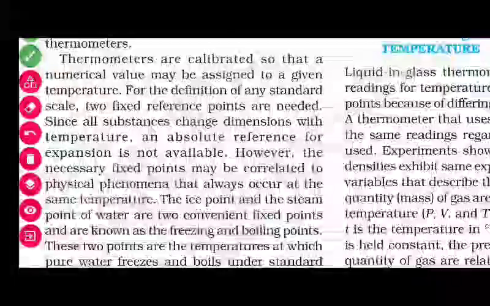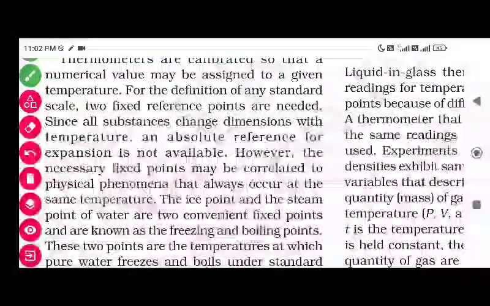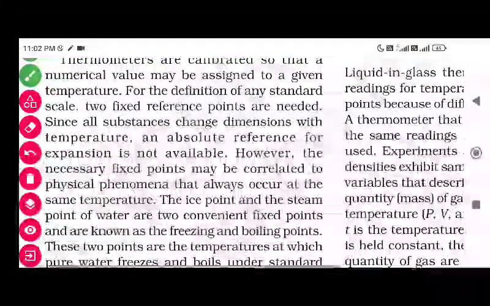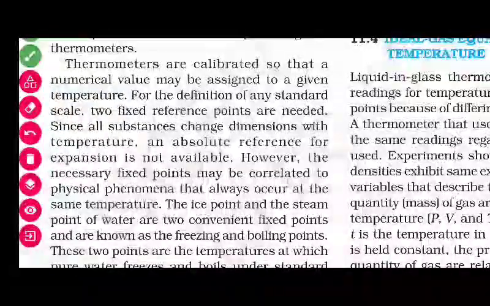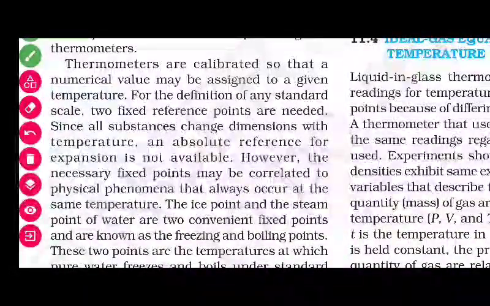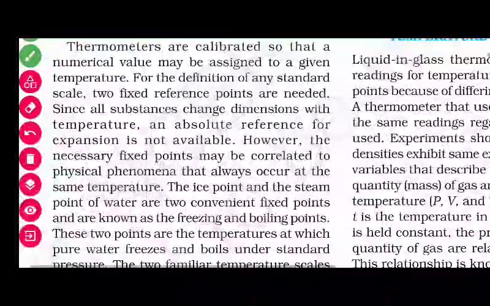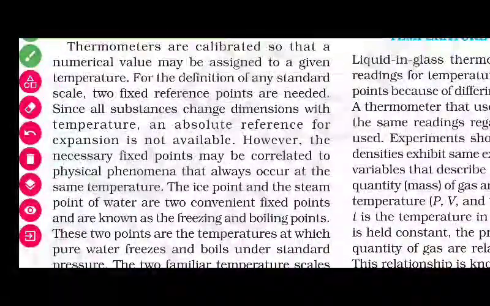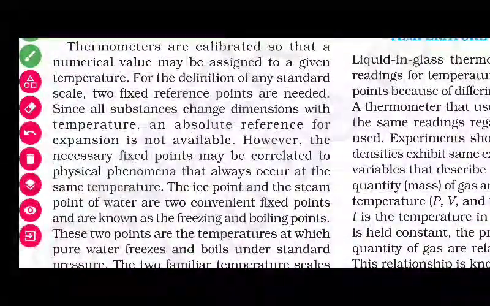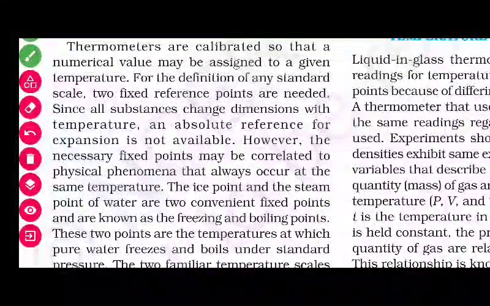Since all substances change dimension with temperature, an absolute reference is not available. However, the necessary fixed points may be correlated to physical phenomena that always occur at the same temperature.